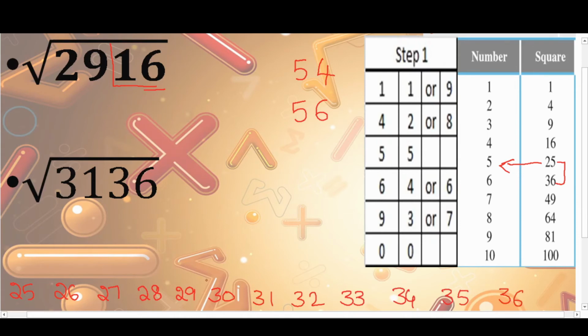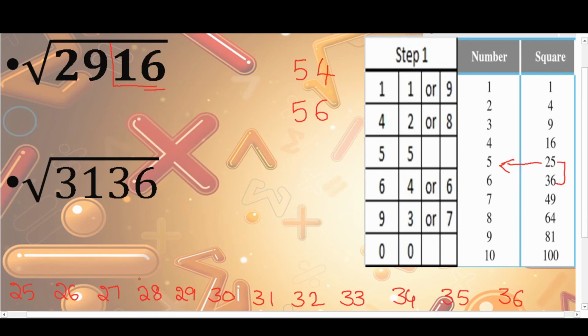Children, you should be very careful. You need to mention 25 as well as 36. You can count how many numbers we have: 1, 2, 3, 4, 5, 6, 7, 8, 9, 10, 11 and 12.